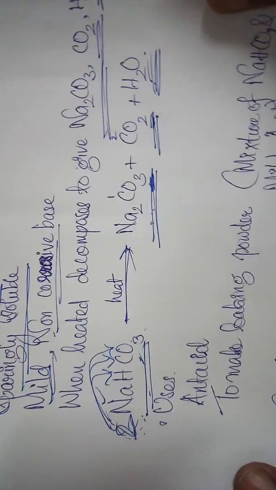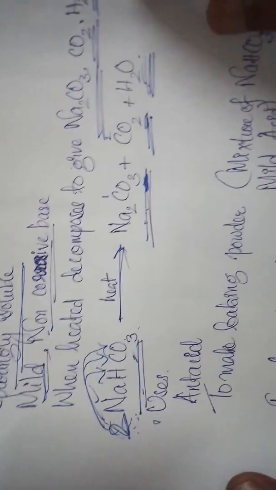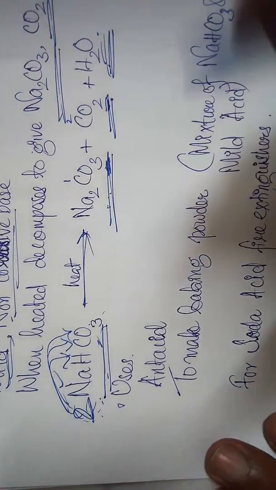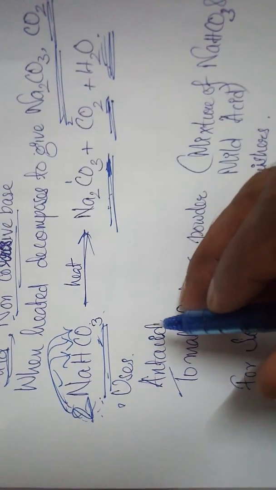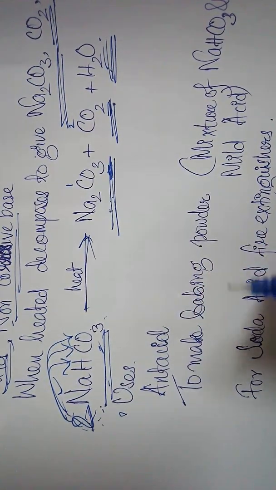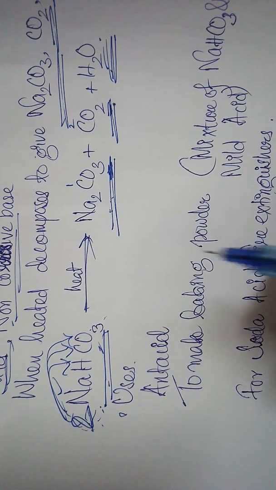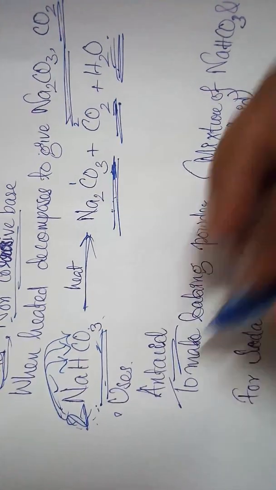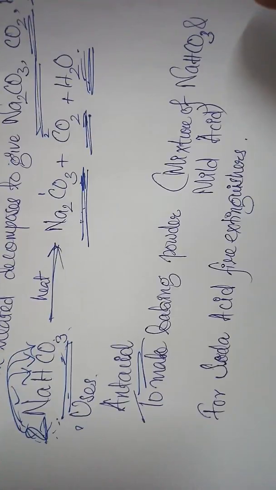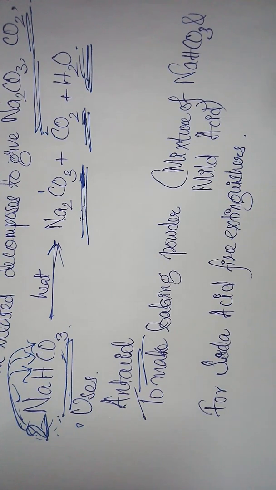The uses of sodium hydrogen carbonate. It is used as an antacid in medicine to remove acidity of the stomach. To make baking powder, we can make baking powder with this.